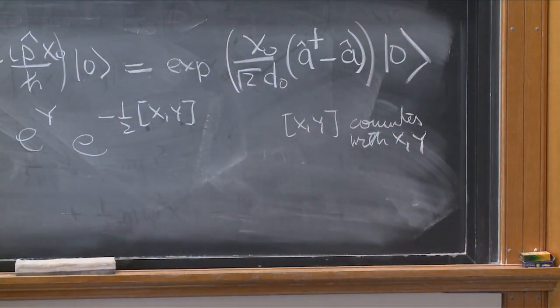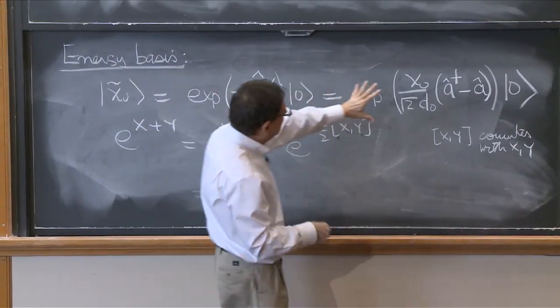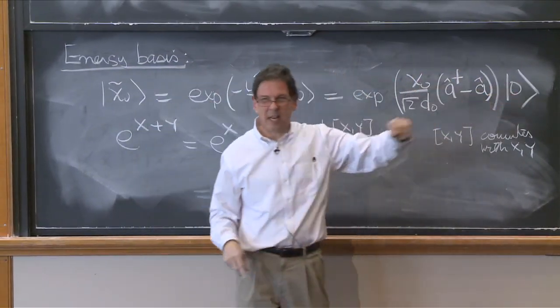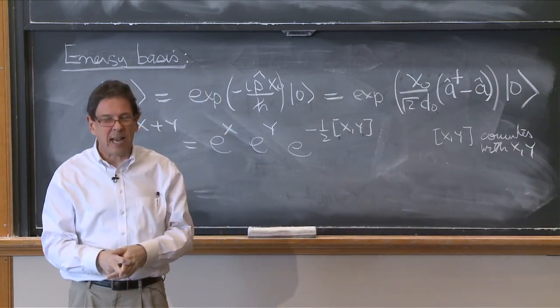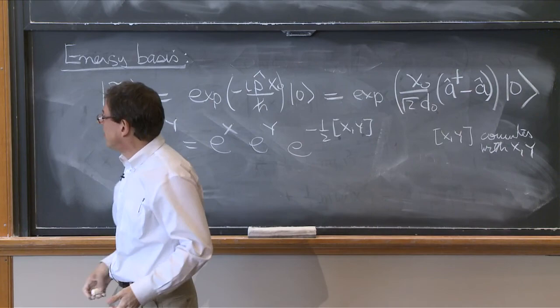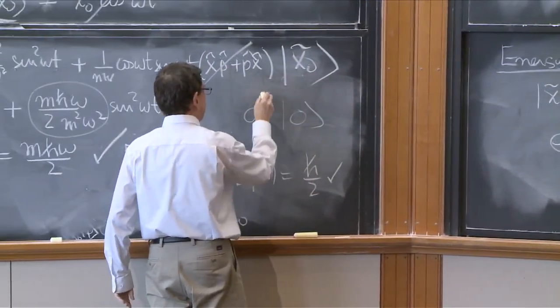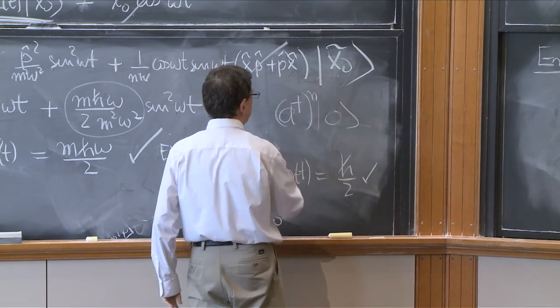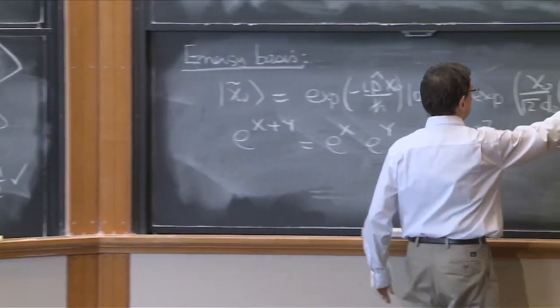And why do I want this? Because I actually want to split the creation and annihilation operators. I want them in separate exponentials. We have that energy eigenstates are creation operators on the vacuum, but here I have creation minus destruction.